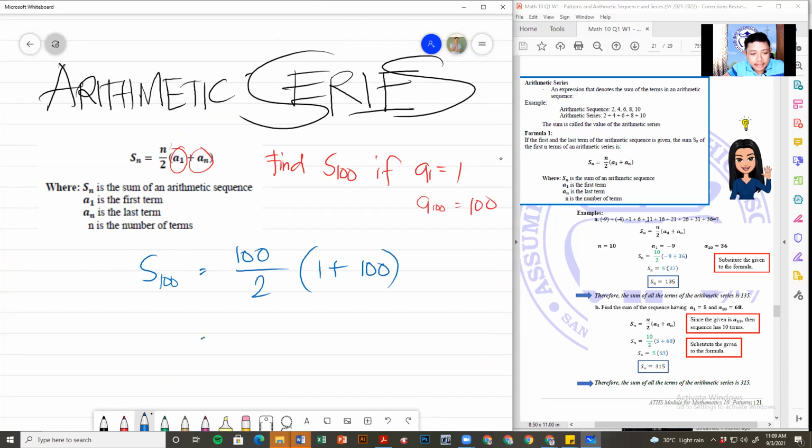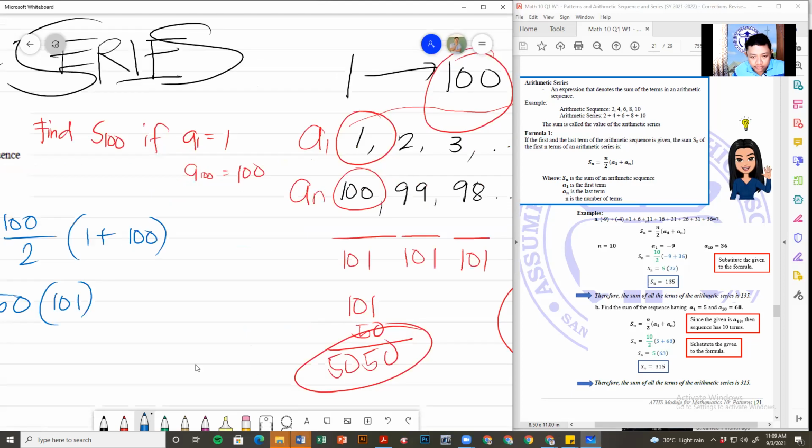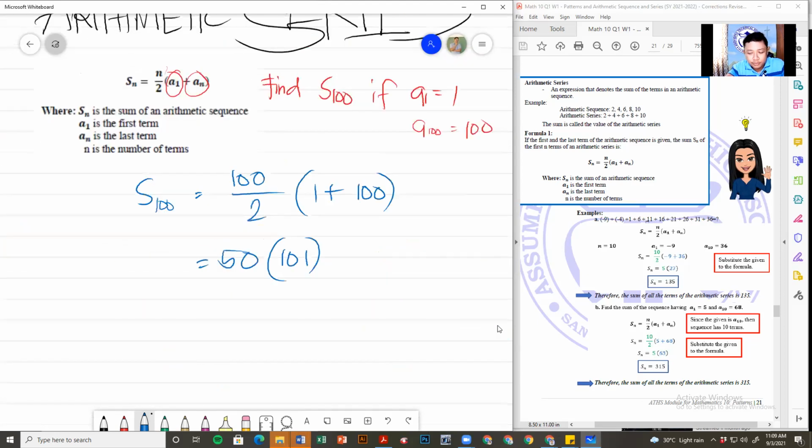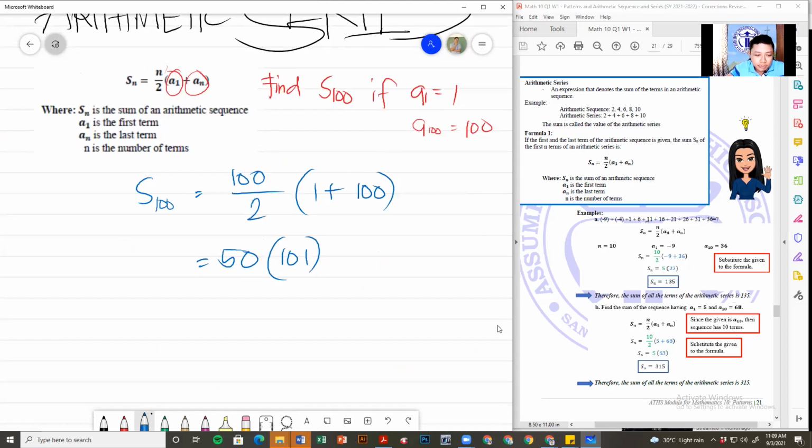There. So we will have here 100 divided by 2 is 50 times 1 plus 100, that's 101. There. This looks familiar as to the computation of Carl Gauss a while ago. So when you multiply this 50 times 101, the sum of the first 100 terms is 5,050.